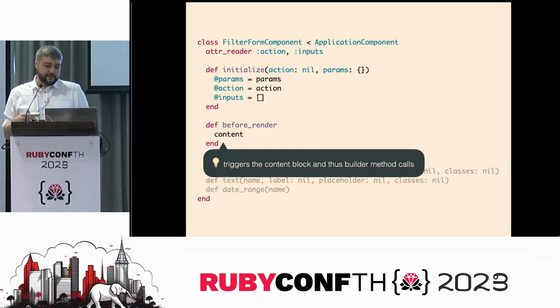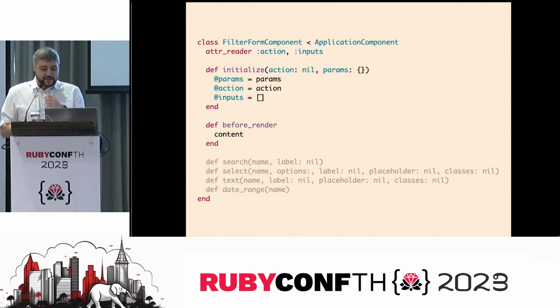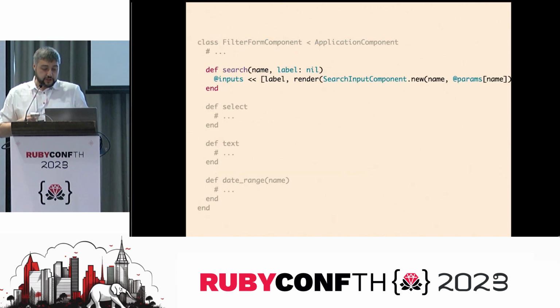So in those components, I just have a before render callback, which is part of ViewComponent, that just renders the content. I mean, what can you do? That's life. The other methods are just the helpers. The first method is the search.